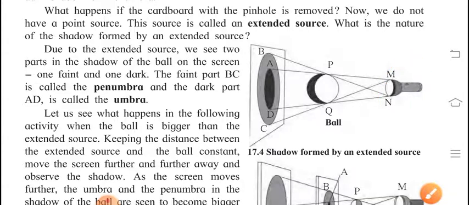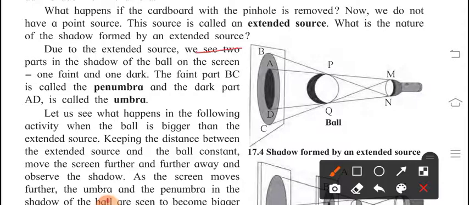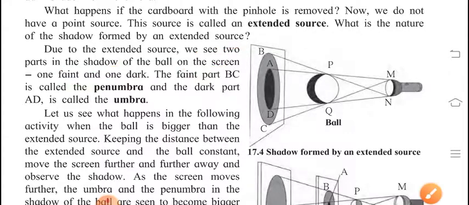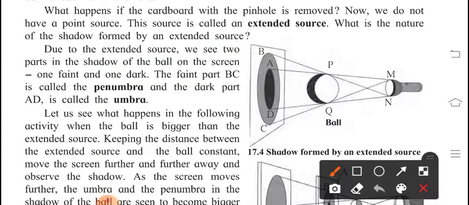So, due to the extended source, we see two parts of the shadow of the ball on the screen, one faint, one dark. This one is dark and this one is faint. The faint part BC is called penumbra and the dark part AD is called umbra.